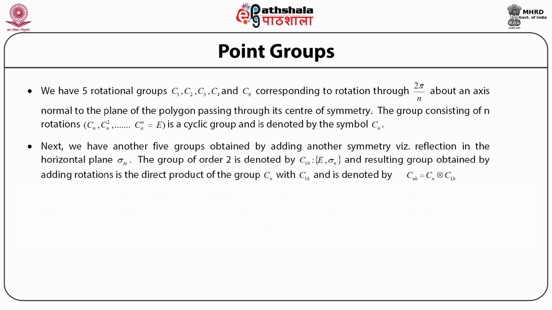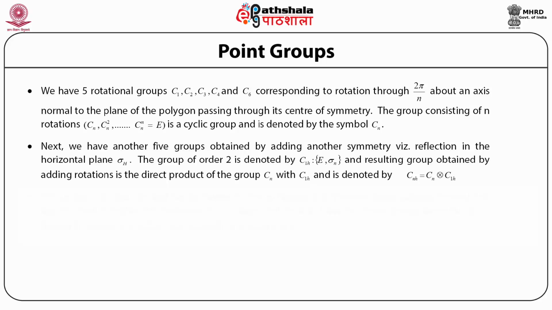Next, we have another 5 groups obtained by adding another symmetry. Suppose we add reflection in the horizontal plane, sigma h. Now, the reflection in the horizontal plane sigma h is a group of order 2, and it is denoted by C1h, which has 2 elements, E and sigma h.